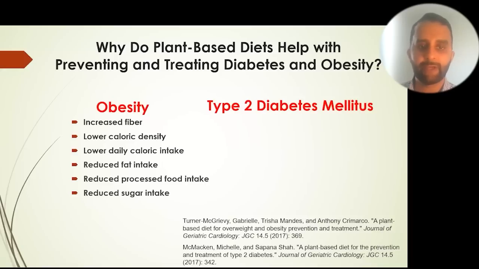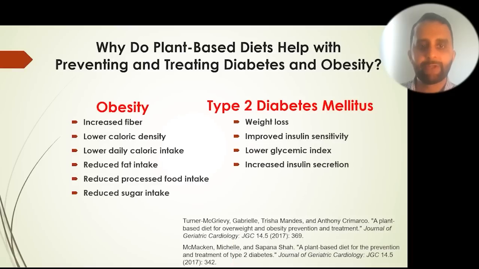They reduce fat intake. And they also reduce processed food and sugar intake when plant-based diets are consumed in a healthy fashion. Similarly, plant-based diets can help with weight loss and improve insulin sensitivity. They can help reduce the glycemic index of foods, and they can also improve insulin secretion. So all these things can help with these two diseases that contribute to kidney disease.